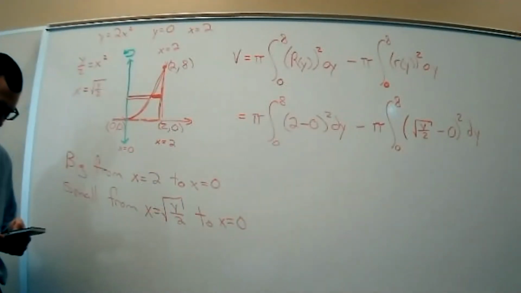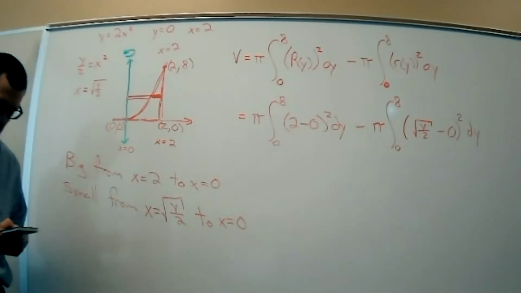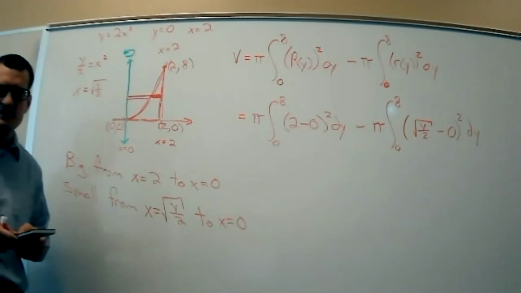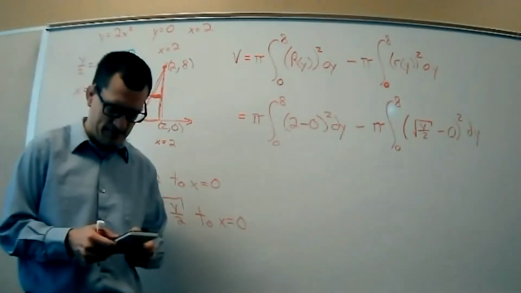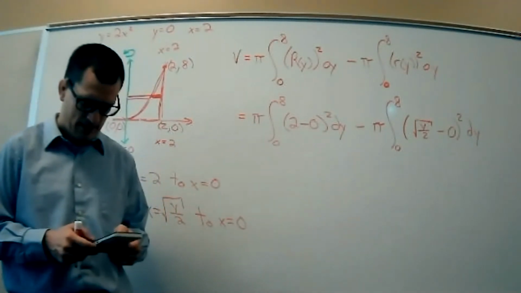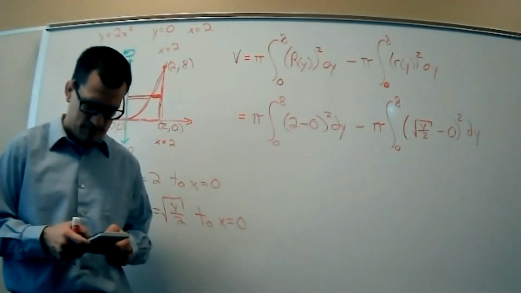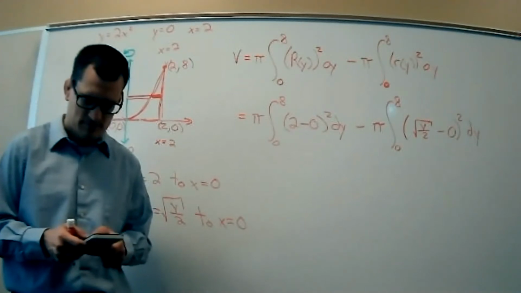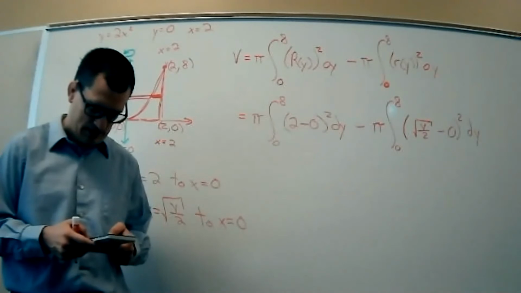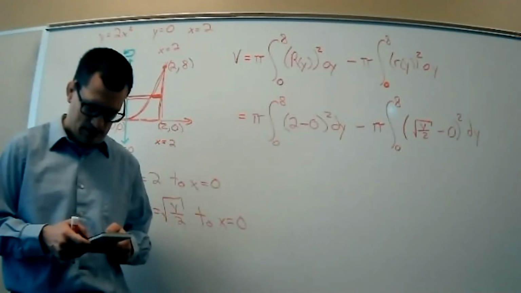Type this into your calculator. Again, it's probably not interesting to see me type things in, so I'm just going to do that and say what I got. Oh, shoot.